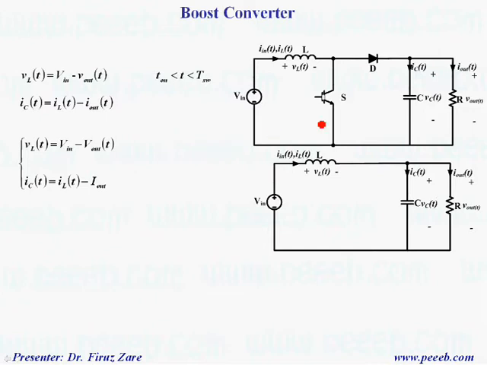When the switch is off, the input voltage minus output voltage appears across the inductor, so we can write the equation. In this case, the current through the capacitor is the inductor current minus the load current. So we can write it again. Suppose the ripple is not significant, then we can rewrite the equation here.